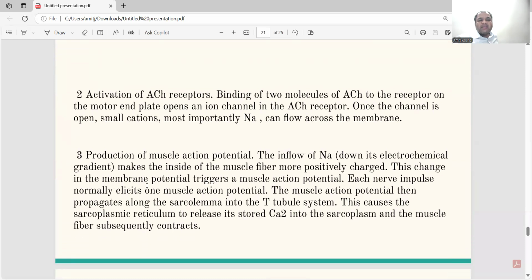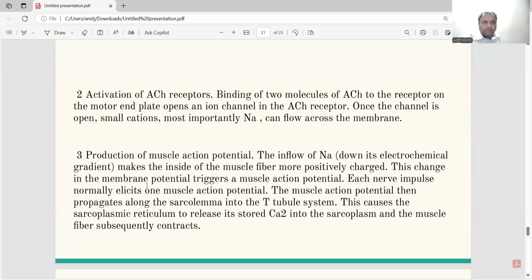Now, what happens at the third stage? Production of the muscle action potential. The inflow of sodium, down its electrochemical gradient, makes the inside of the muscle fiber more positively charged.